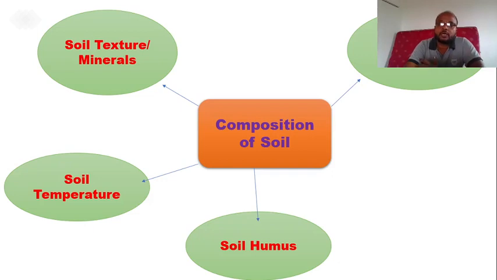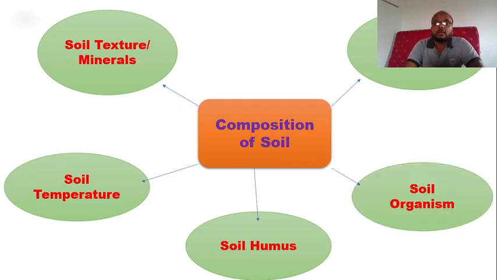Next one is soil humus, which is an important component of the soil. And the last one is the soil organism. So the soil has different factors, and all these are called edaphic factors, that is soil texture, soil temperature, soil humus, soil organism, and soil water. Here we will discuss them one by one.